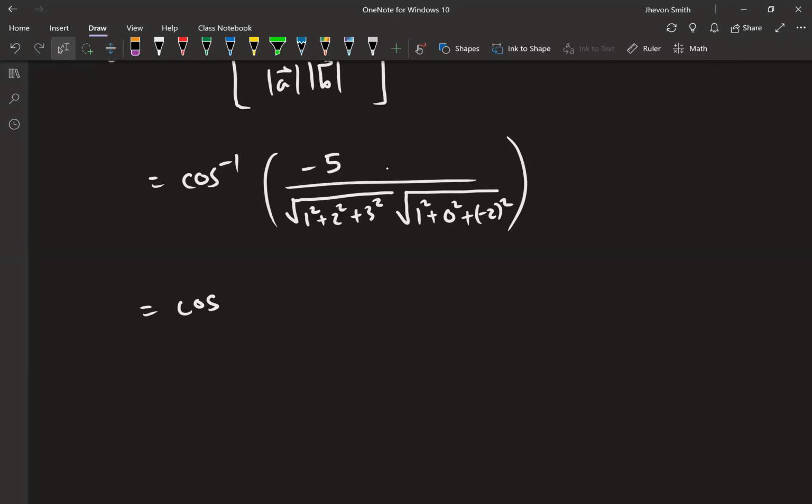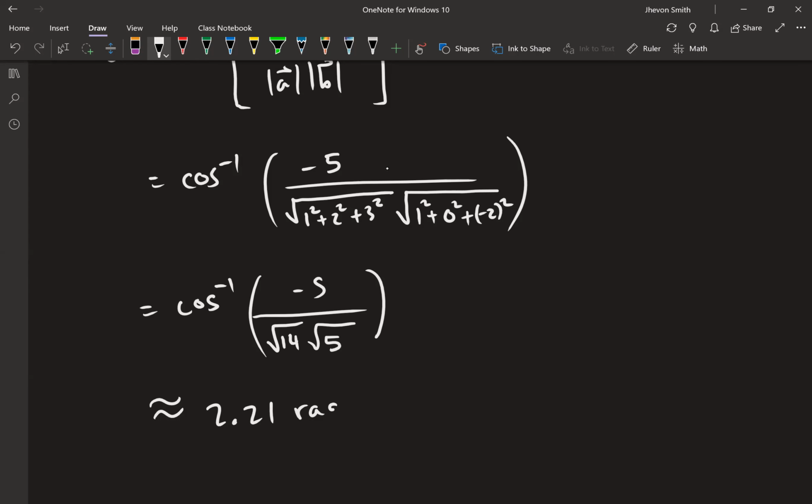So this is going to be the cosine inverse of minus 5 divided by radical 14 and radical 5. And that's actually it. Now, I calculated this earlier. This is roughly 2.21 radians.